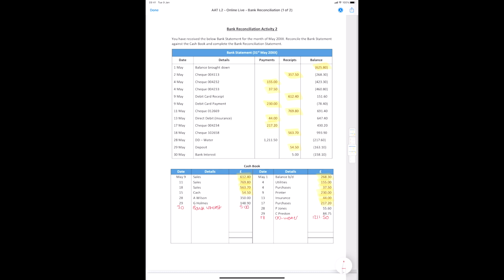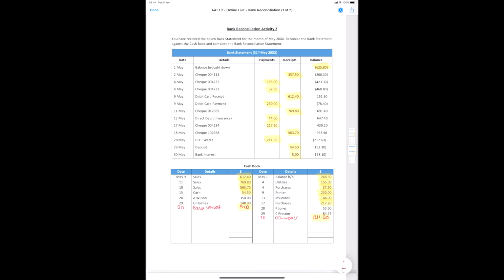We can now highlight those transactions, and everything is now matching with the bank statement. Everything in the bank statement is now highlighted.